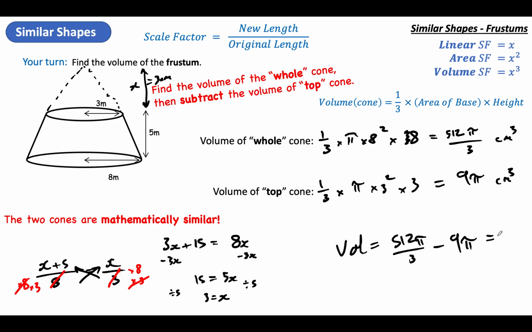Yeah. Let's put it down here. So that equals 485 pi over 3 centimeters cubed, which to one decimal place is 507.8 centimeters cubed.